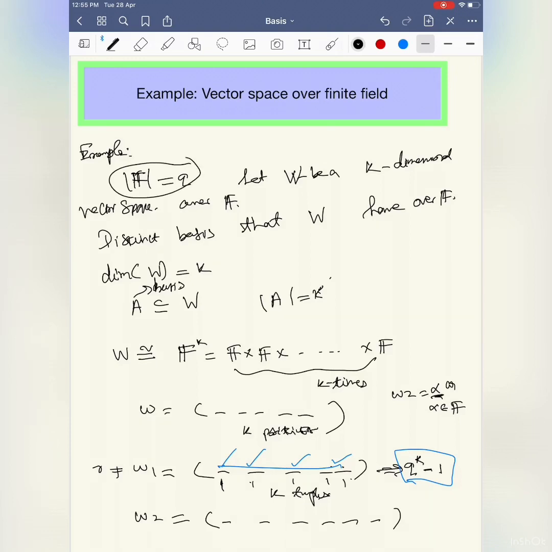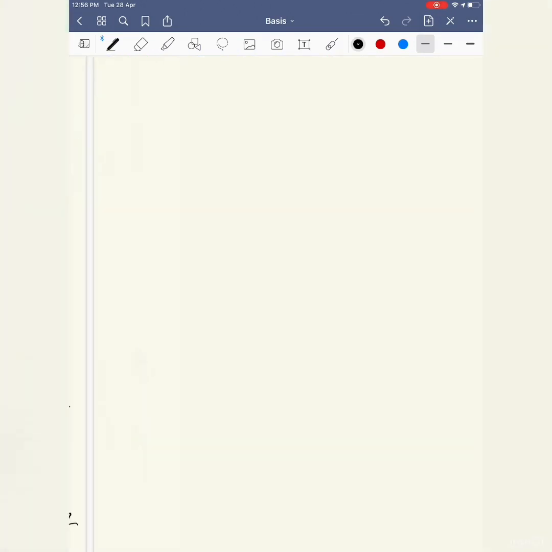F has order q, so q choices. I can fill anything, q to the power k, but it cannot be an exact repetition. Let's say here 1 1 1 1, I cannot put 2 2 2 2, which is just 2 times 1 1 1 1. So I have to eliminate q possibilities, because w2 cannot be alpha times w1.